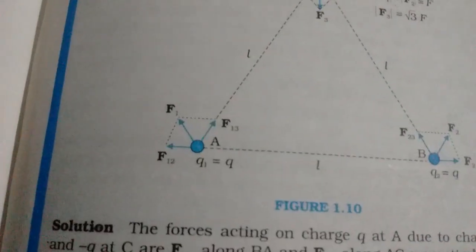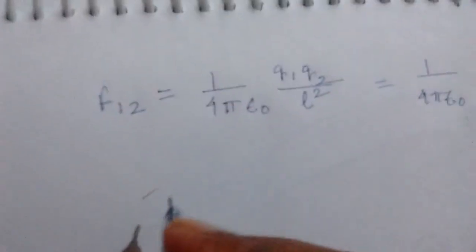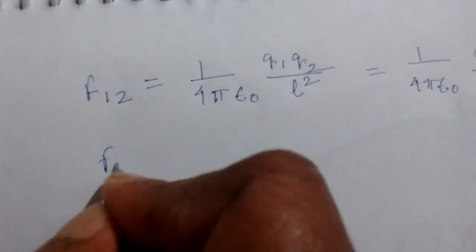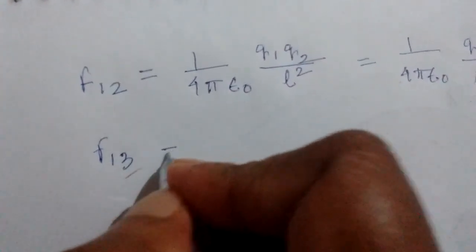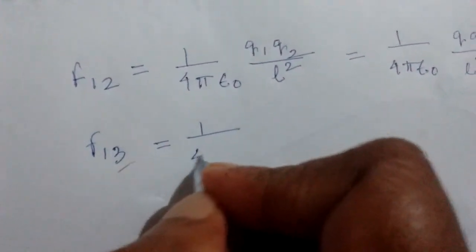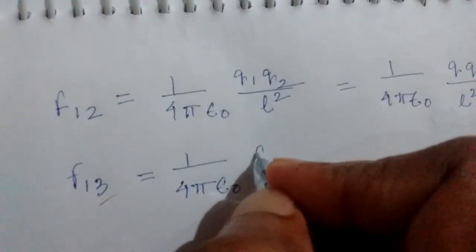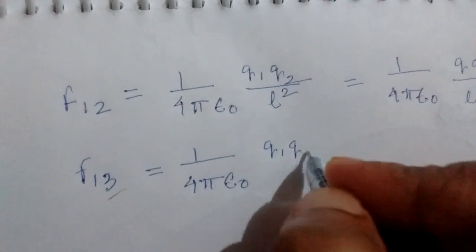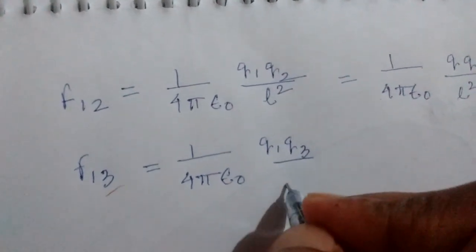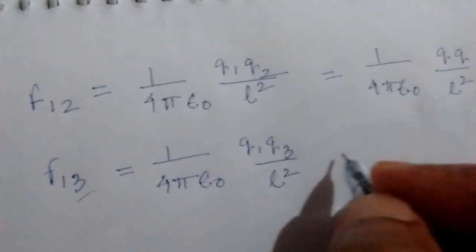This is the value of F12. Another force here is F13. Now F13 is equal to 1 by 4 pi epsilon naught Q1 Q3 by L square.